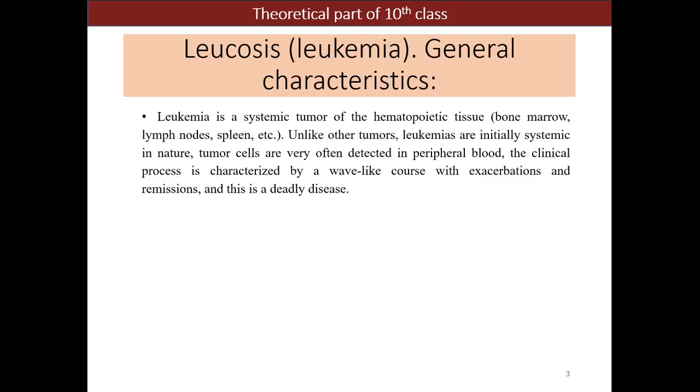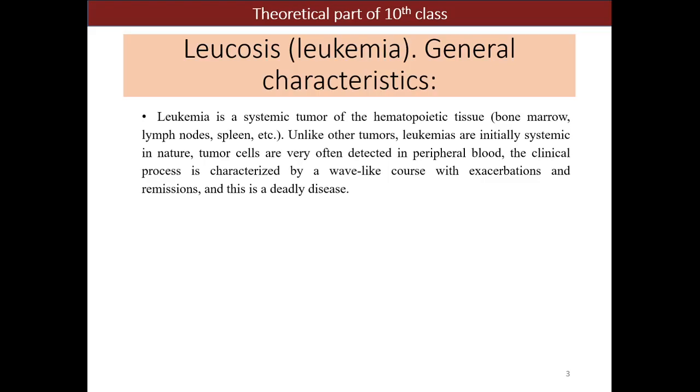But nowadays we have a lot of different methods of treatment, and all of these methods are associated with transplantation of bone marrow, because the tumor is localized in the bone marrow, and if the patient has some tumoral cells in the bone marrow, it will in any case lead to progression of the disease.